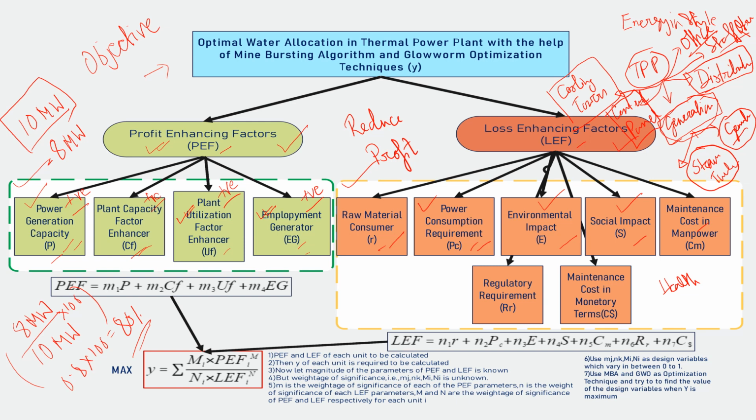Then there is environmental impact E, social impact S, cost due to manpower CM, cost in monetary terms C dollar, and regulatory requirement R subscript small r. So PEF can be written like this. M1, M2, M3, M4 are all weightages, representing the significance or importance of these parameters.